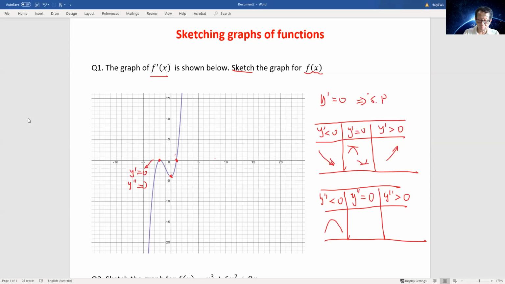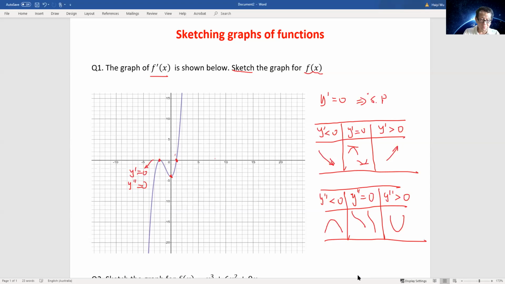Equal to 0 could be a point of inflection, stationary. And the other one is second derivative positive, so concave up.